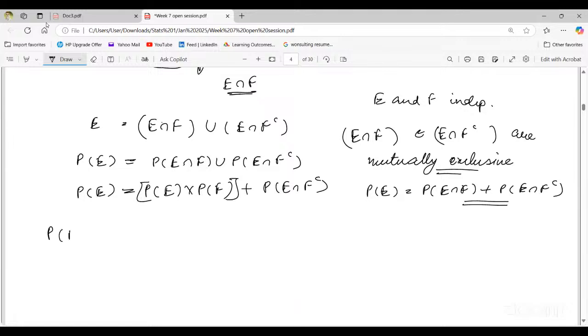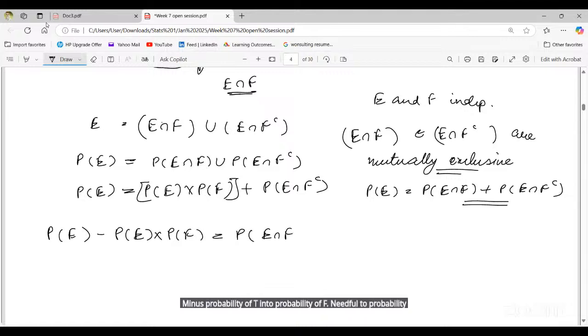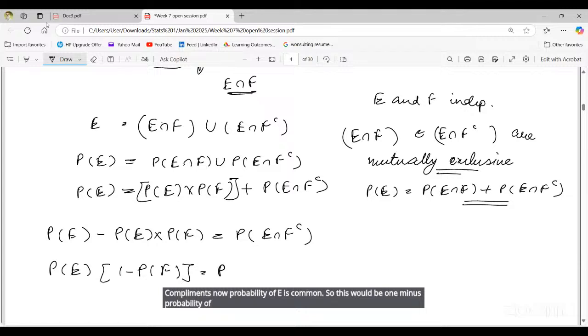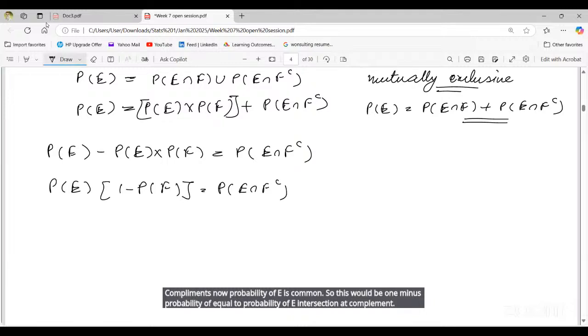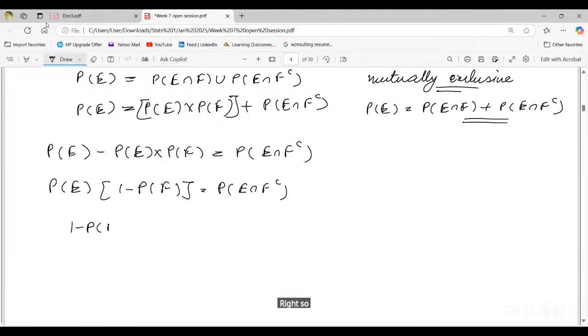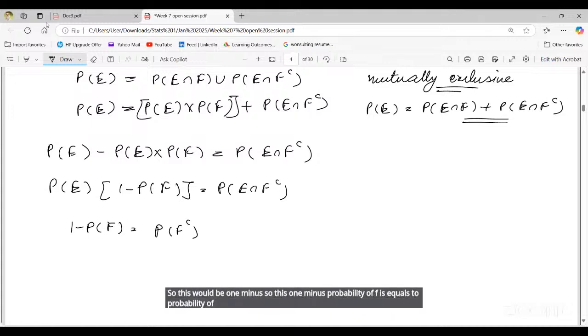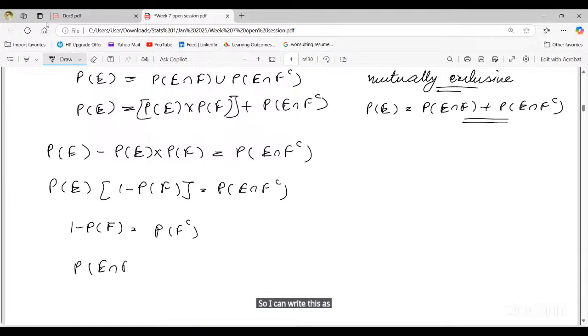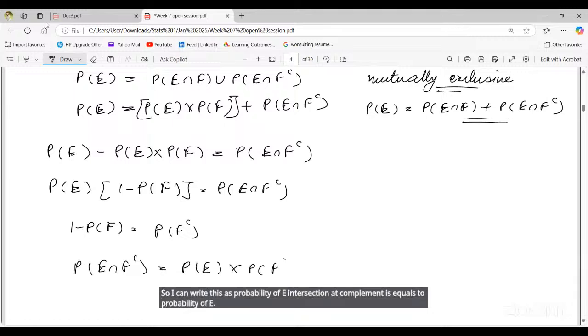I can write this as the probability of E minus the probability of E into the probability of F equals the probability of E intersection F complement. The probability of E is common, so this is 1 minus the probability of F, which is the probability of F complement. So the probability of E intersection F complement equals the probability of E into the probability of F complement.